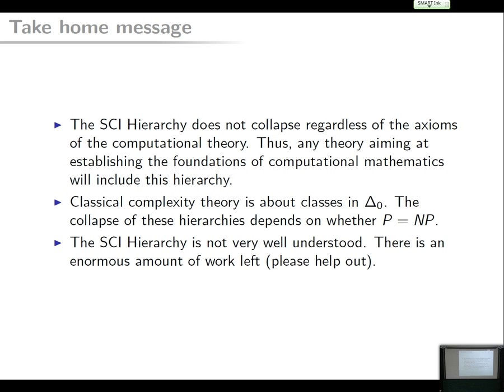This is what I'm saying. It depends on what you're allowed to do. So that's this. Which one? Oh, this one here?